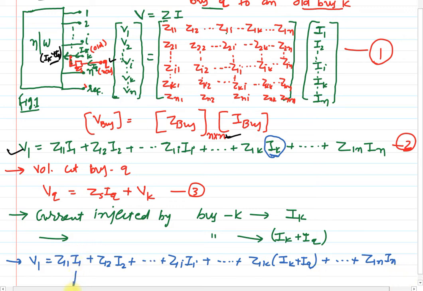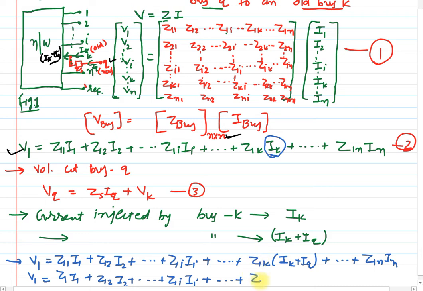Clear? The next is, so here, yes, it is In. So the final equation I can write for voltage at bus number 1, which is Z11 I1 plus Z12 I2 plus Z1i Ii. Yes, we need to just follow the sequence which we have considered in our diagram, or in our voltage matrix or current matrix, or I can say in your impedance matrix.